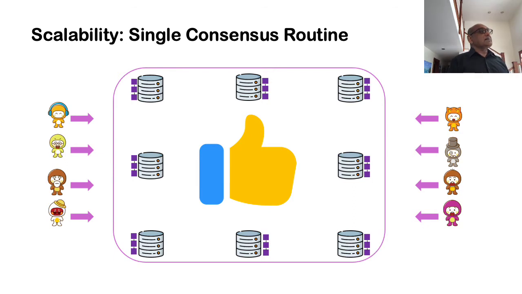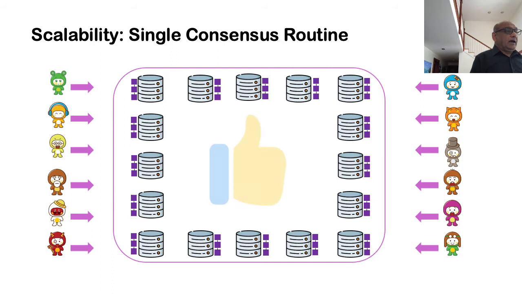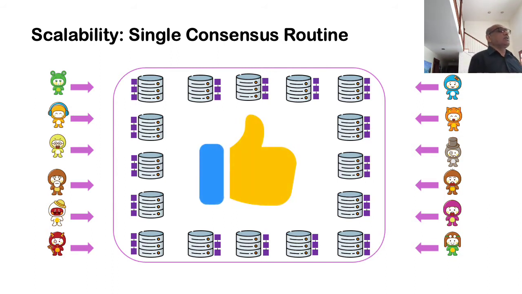Because of the centralized nature of this consensus mechanism, which, as has been pointed out, is linear in the number of machines involved in the consensus, as well as requiring n-squared messages for communication, adding more machines is going to slow down this component. And if you continue on this route, it is not going to work because it is going to become slower and slower.